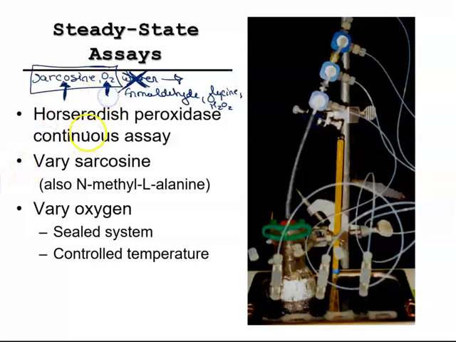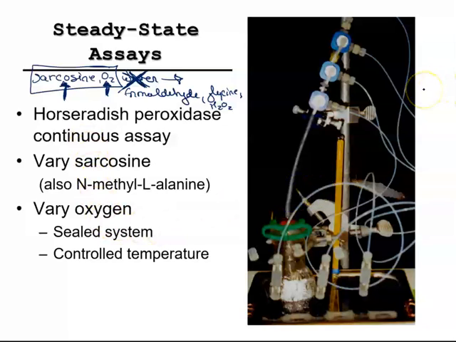Oxygen is a gas, and you can purchase specialty gases which are made to a particular specification that you tell the supplier, say, I want to have 10% oxygen with balanced nitrogen. They'll make it for you. They'll certify that that's exactly what's in there.